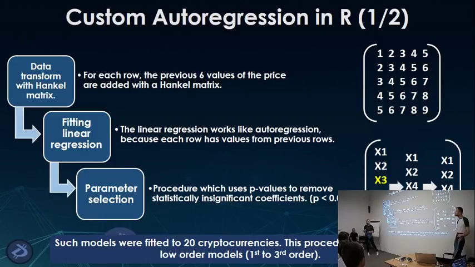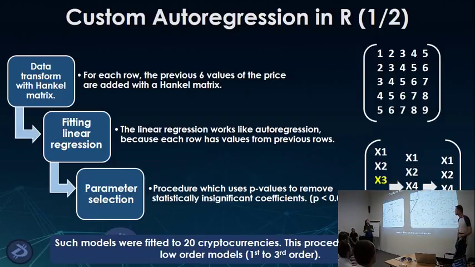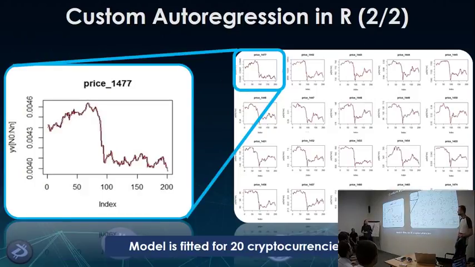And these are the models of the cryptocurrencies. We zoomed the chart to see only the first 20 time periods, and it's not the whole chart.